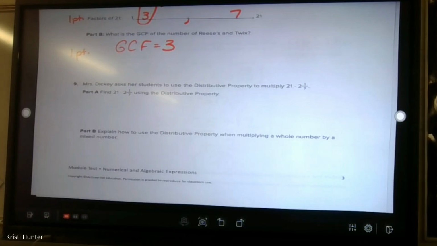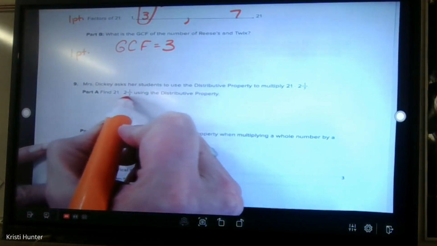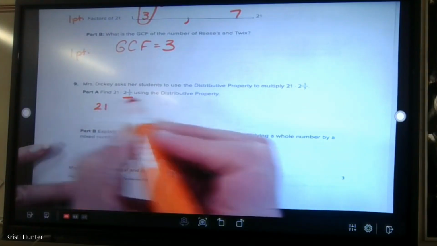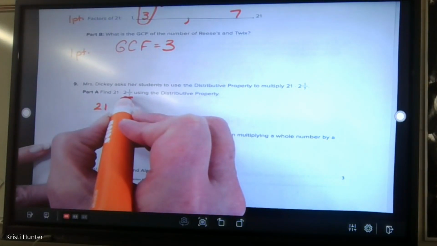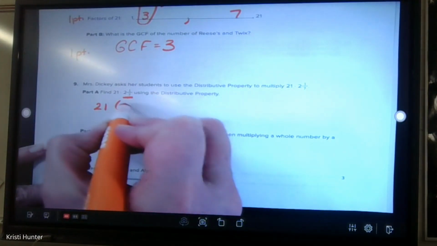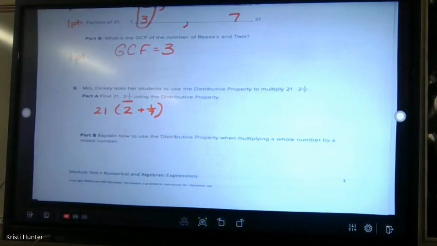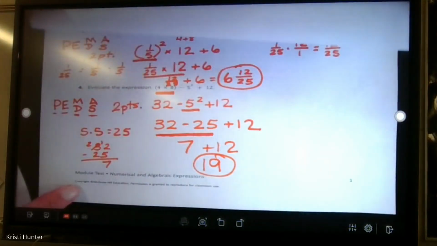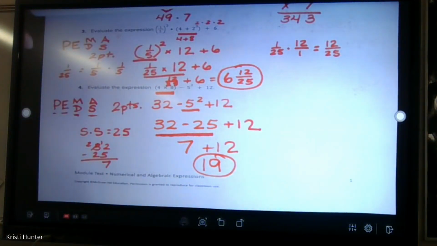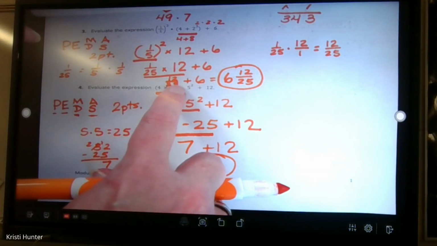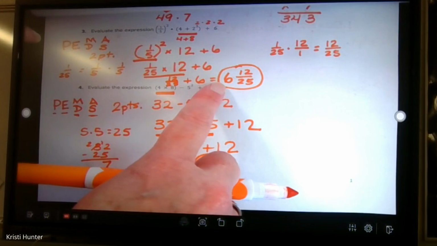So remember, what the distributive property means is I can break apart a mixed number. I leave my 21, but I can break apart this 2 1/7 into 2 plus 1/7. Just like back here on number 3, when I had 6 plus 12/25ths, I can make it 6 12/25ths.